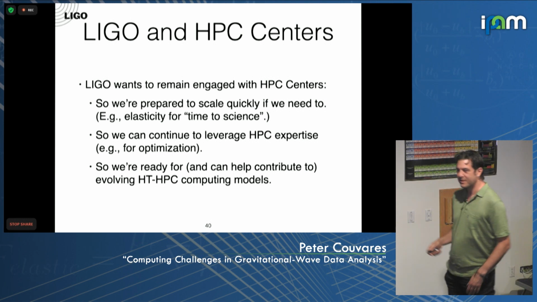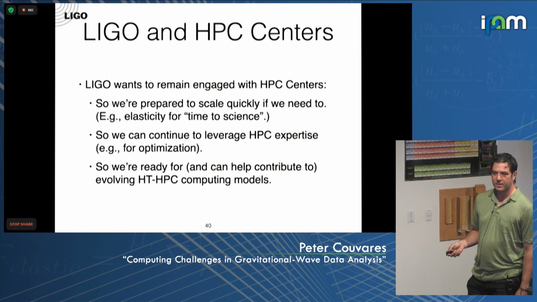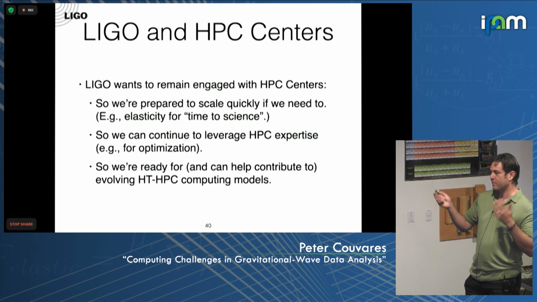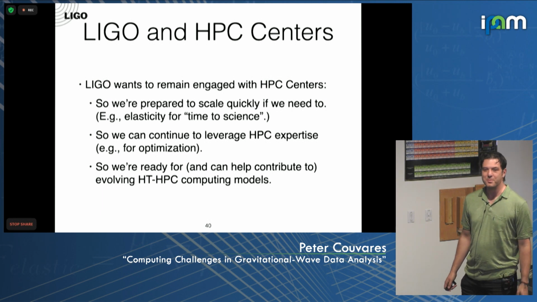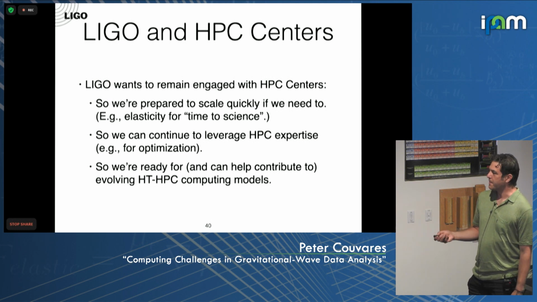I can optimize my code. And very often we have people who swear their code is as well optimized as it could possibly be. And then we have them talk to an optimization expert at TACC at UT Austin for a few days, and they double the speed of the code in 2 months. I mean, there's often optimizations people don't even understand they can do. And HPC centers is where that expertise lives.